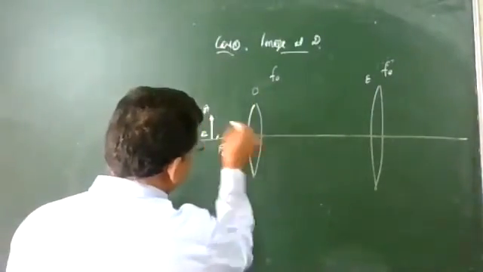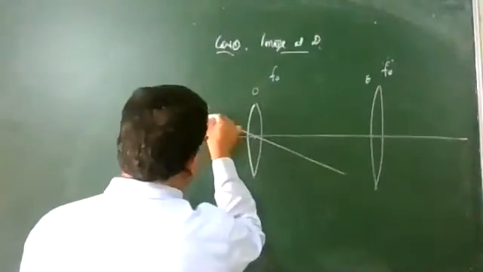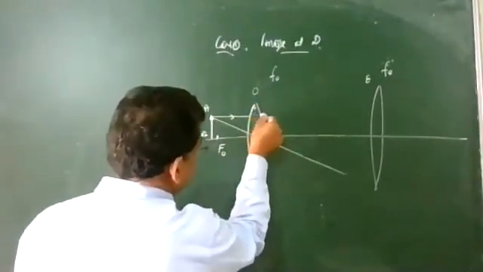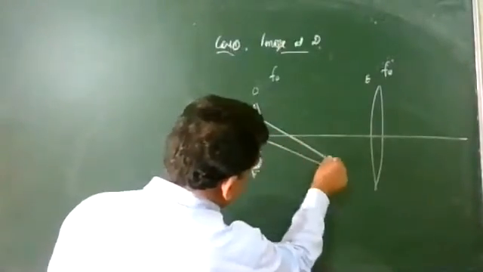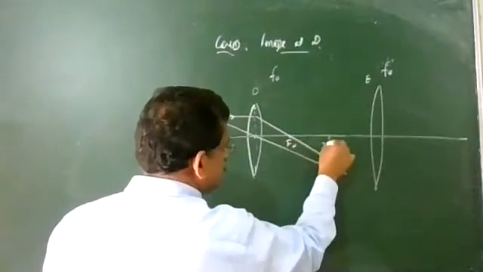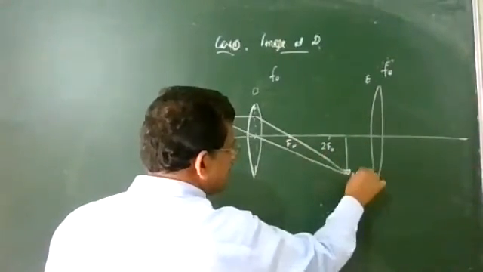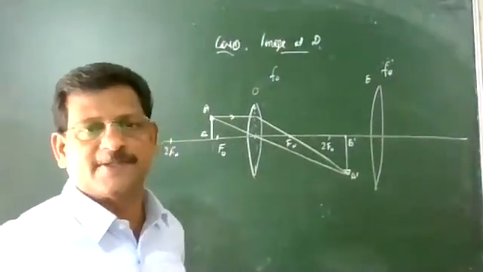One ray passes through the optic center without deviation, and another ray parallel to the axis passes through the focus after refraction, and both meet at this point. This is F0 and here I am at 2F0. So a real, inverted, magnified image is formed beyond 2F0 of the objective lens.